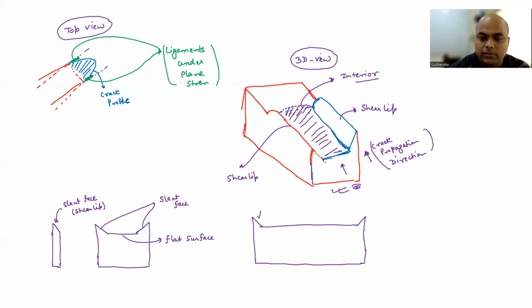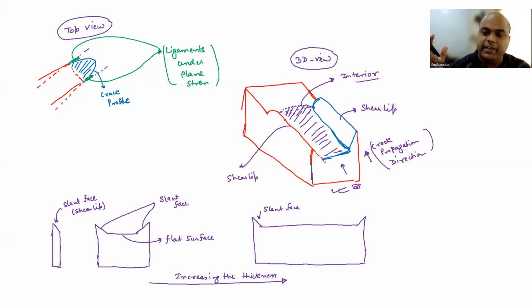Okay. So this is your again slant face. And what we are doing, we are increasing the thickness. So if it is very thin, it will be say 100% shear lip.